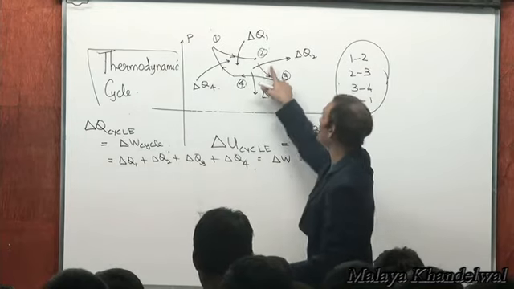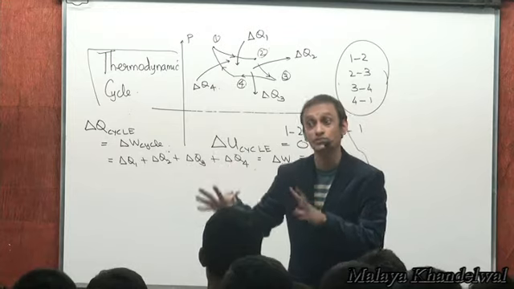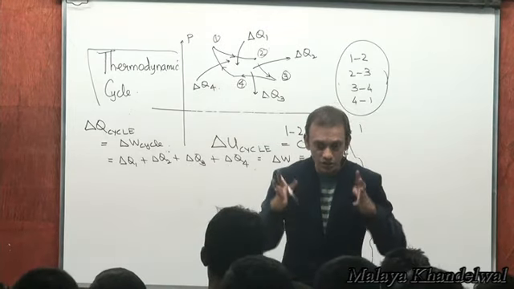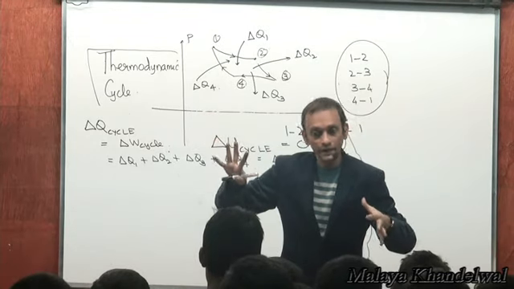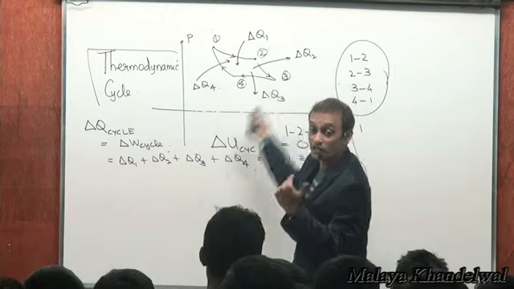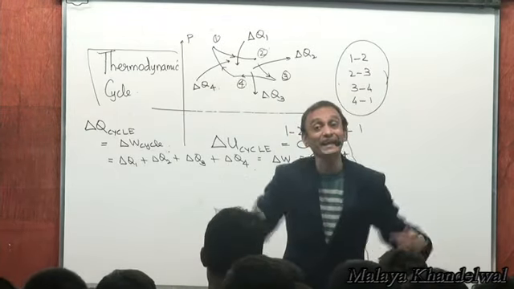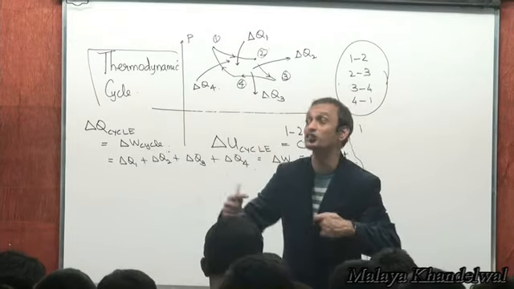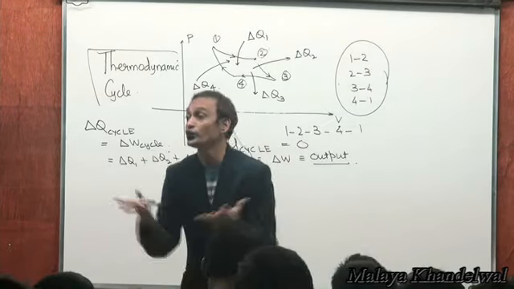Whenever heat is rejected, it's rejected because of the thermodynamic nature of the processes. But when heat is absorbed, that's heat I'm supplying to execute a process. We are not spending money to reject heat, but we are spending money to supply heat. So wherever we have supplied heat, that's the expense to run the cycle, which is the input of the cycle.